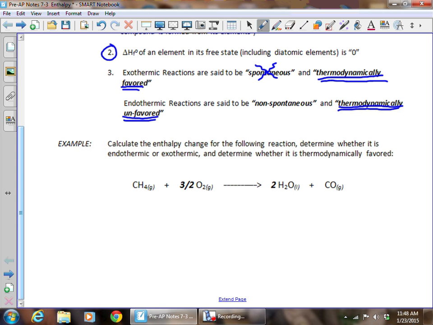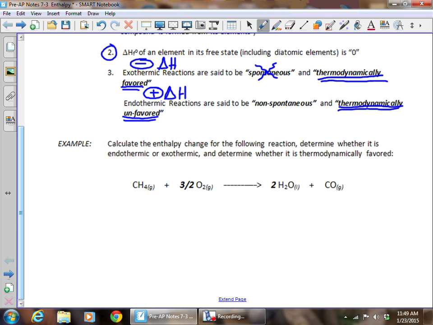Now remember, exothermic reactions are negative for their delta H values, and endothermic reactions are positive. So we're going to be able to tell whether they're endothermic or exothermic simply by the sign when we get the answer. Okay, so we need, first of all, CH4.